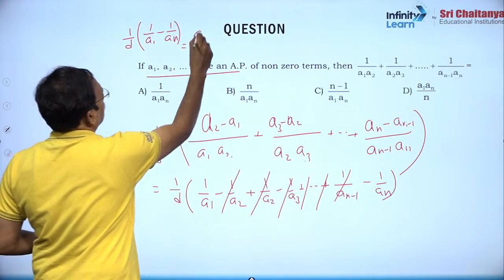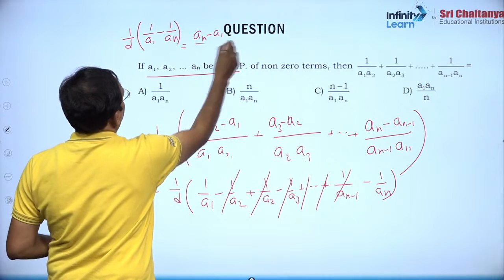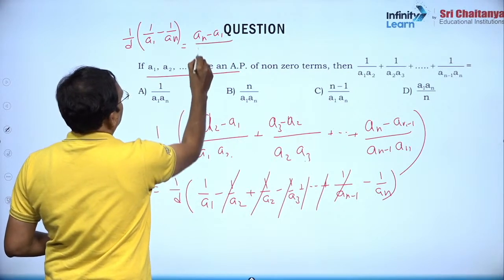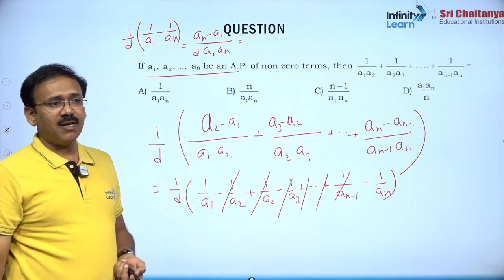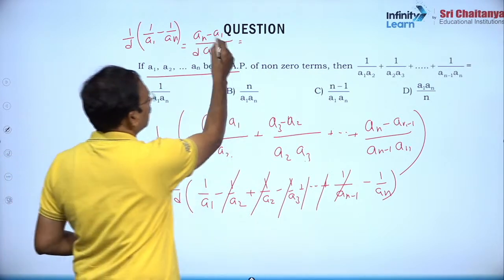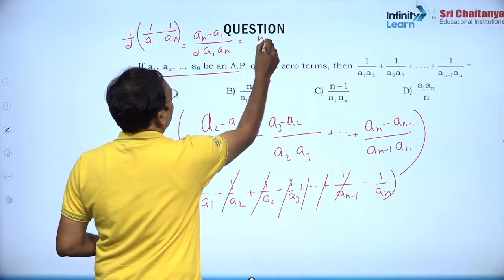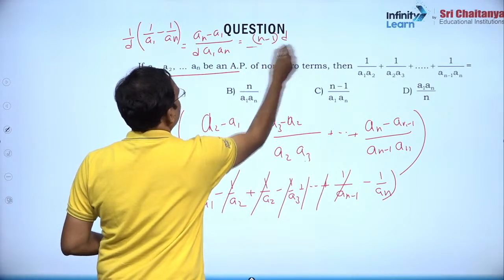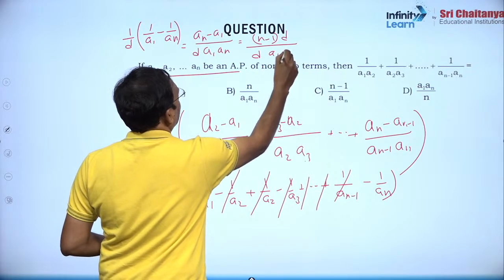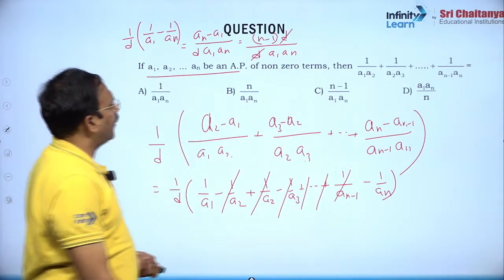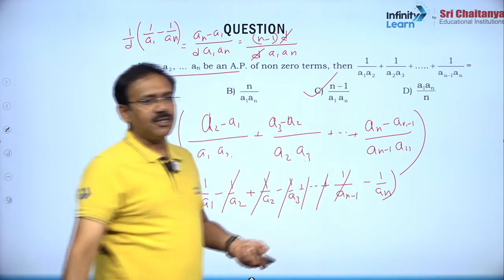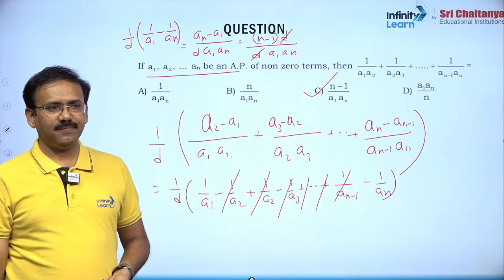So that is (AN minus A1) by D into A1 AN. But AN is in AP, the nth term is first term plus (n minus 1) D, so you can write (n minus 1) into D by D into A1 AN. D can be cancelled, you will get (n minus 1) by A1 AN. Option C is the answer, my dear friends.